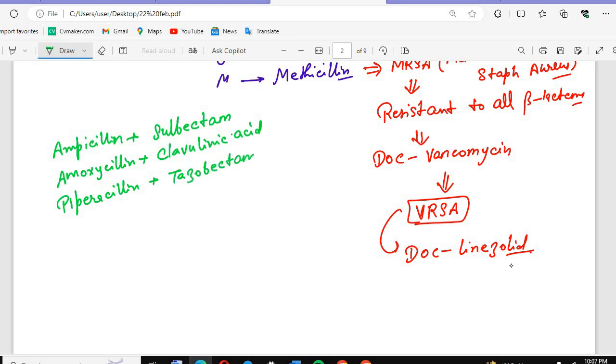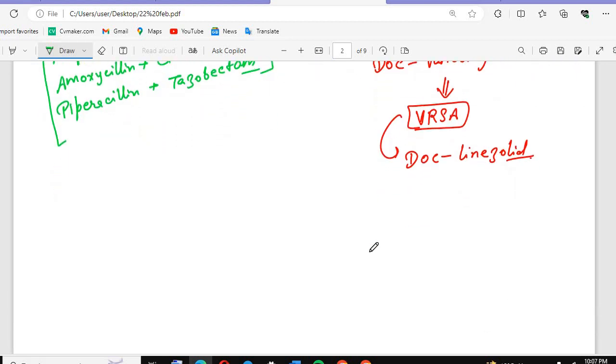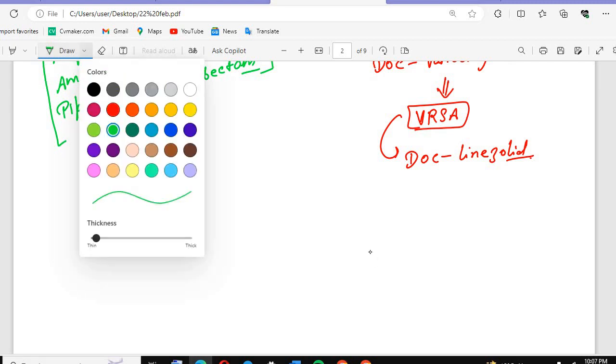These are the most useful and most potent drugs among the penicillins. Lots of questions will be from here.